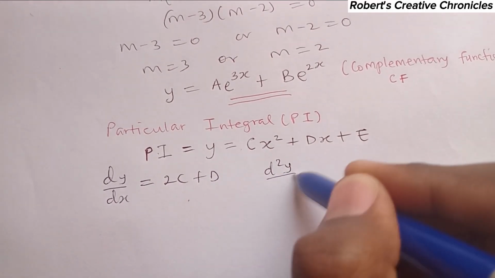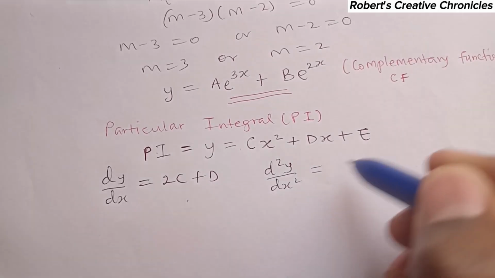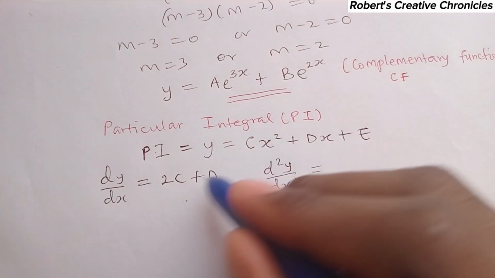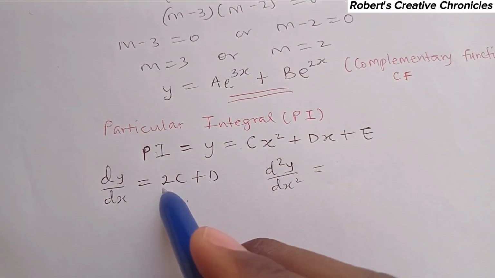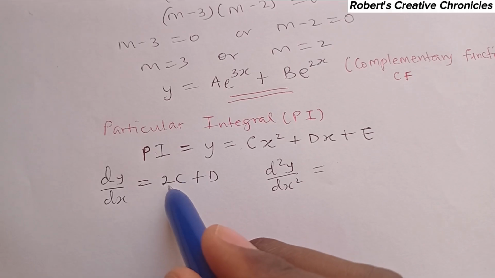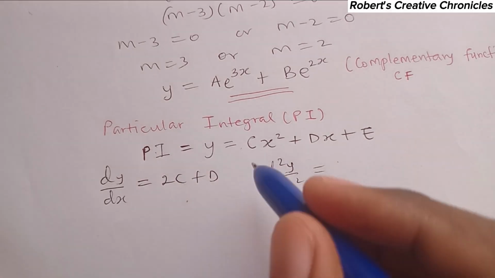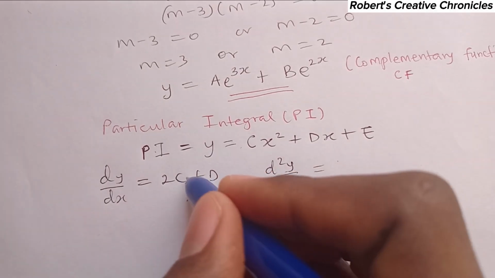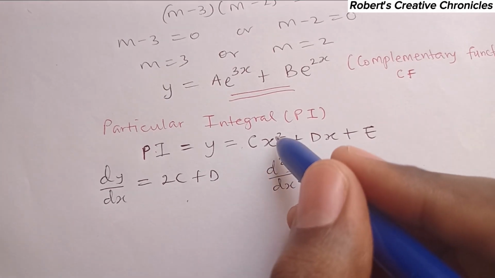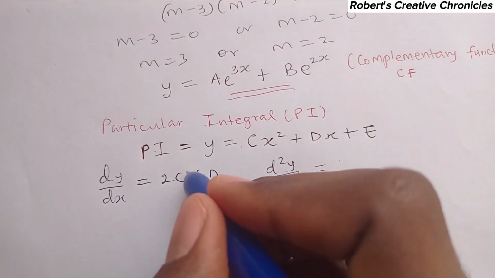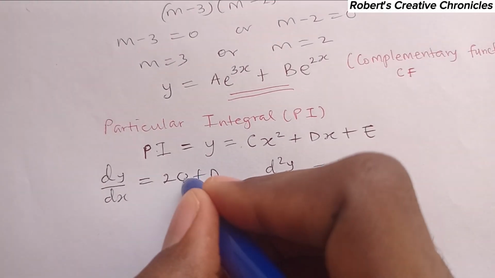Then d squared y over dx squared, the second derivative, is 2c. Sorry, it's not 2c for the first derivative, it's 2cx, being 2 multiplied by c, then x to the power 2 minus 1, so it's 2cx.